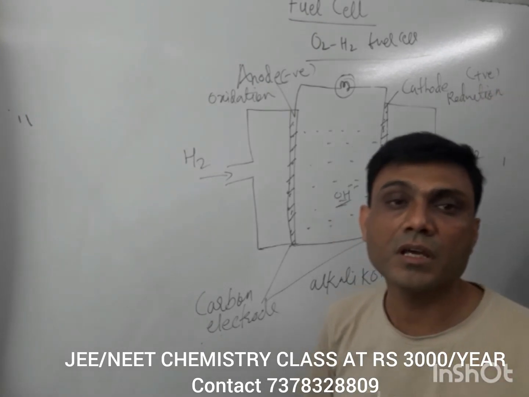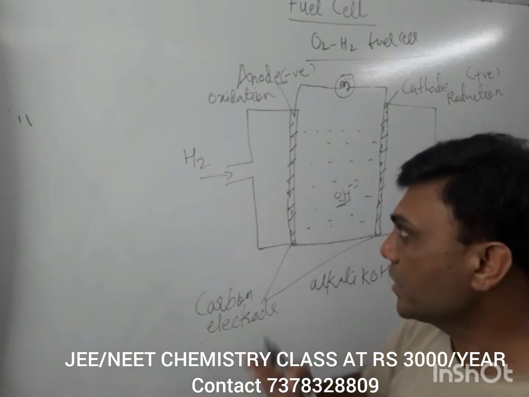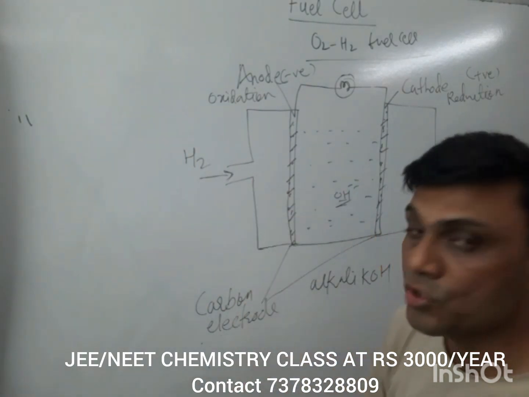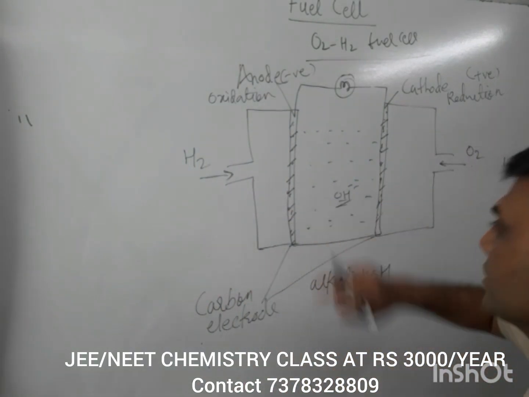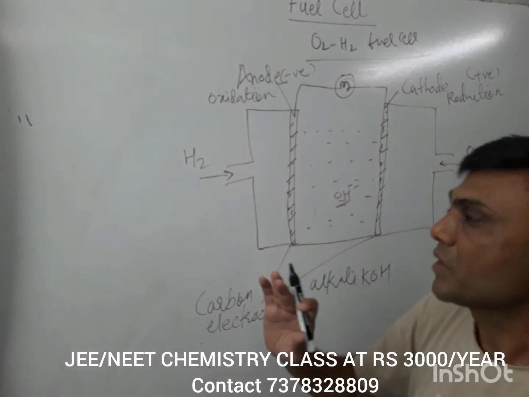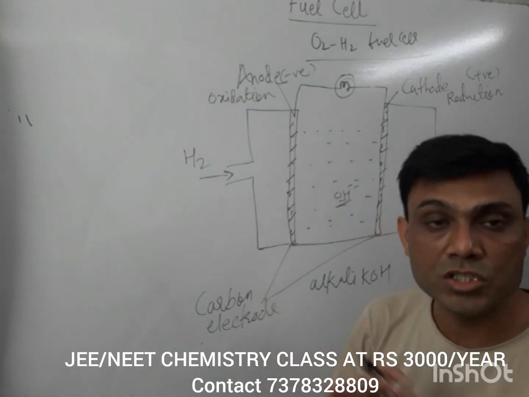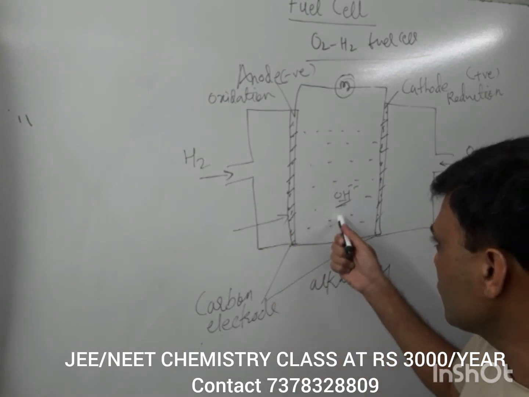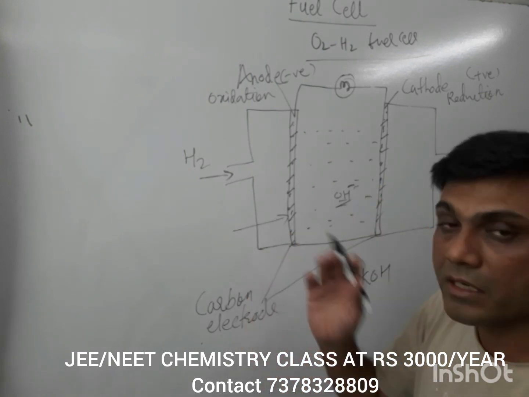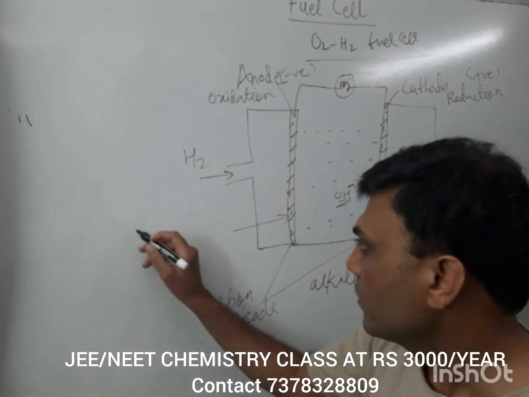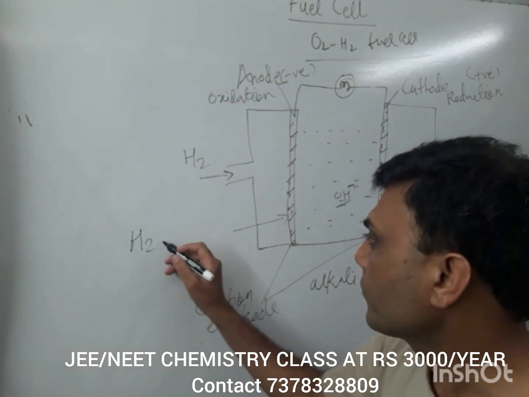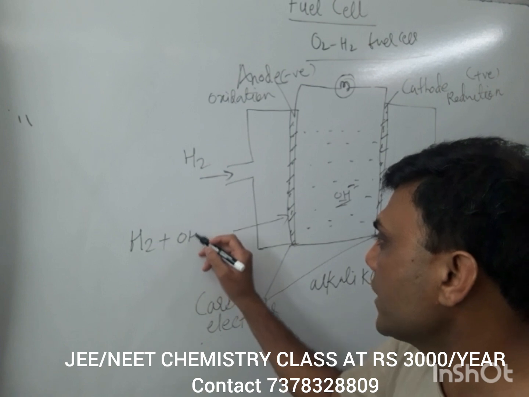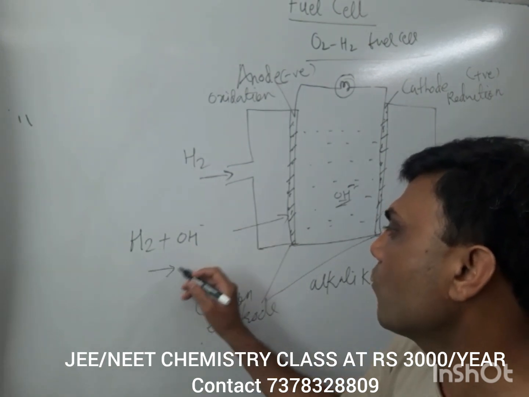In the anode there is oxidation, that means this H2 reacts with OH negative. You always remember, in the anode there is a consumption of the electrolyte. That means here in the anode these OH negative ions are getting consumed. The reaction will be H2 plus OH negative ions gives water.